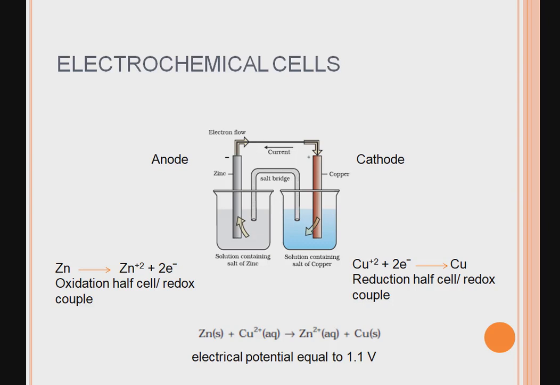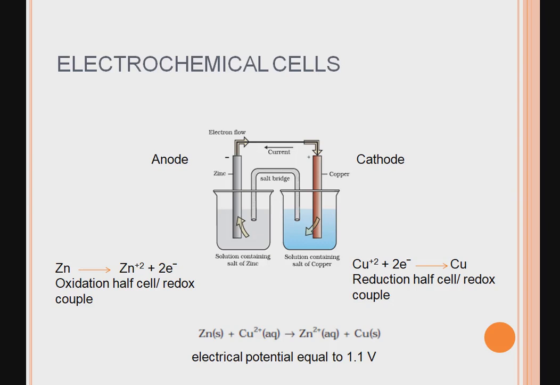This is also called reduction half cell. This standard galvanic cell gives us an electrical potential equal to 1.1 volts when the concentration of solution in both the beakers is 1 molar. So this is our standard galvanic cell or a voltaic cell.